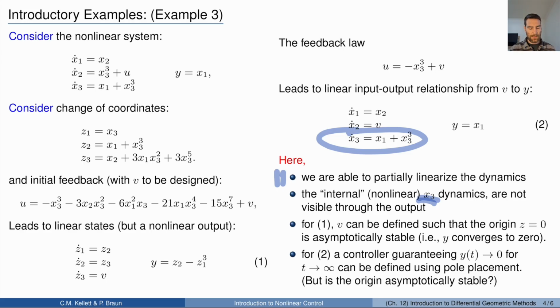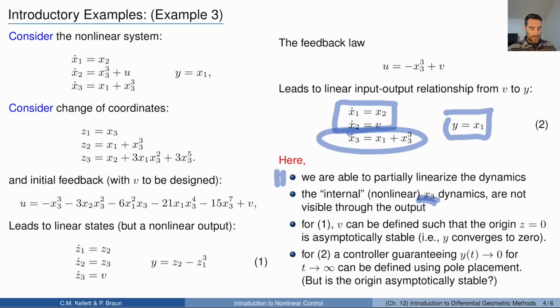So what does that mean? Well, we essentially have this decoupled system here, only depending on x1 and x2 and the input, and also the output only depends on x1. So x3 or x3 dot is actually not visible in the output. And that's then phrased zero dynamics in the chapter on this topic.